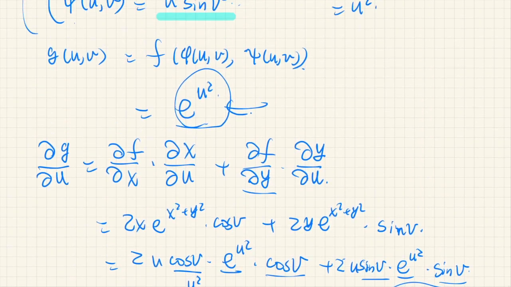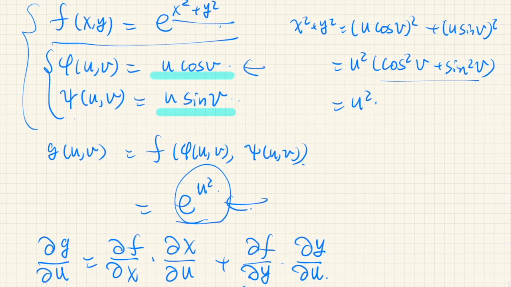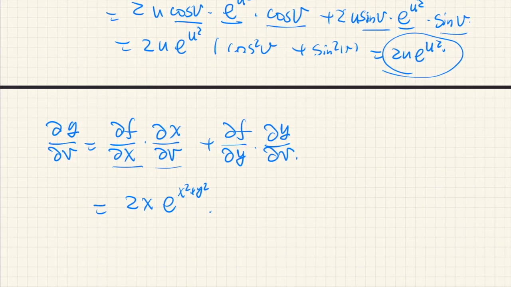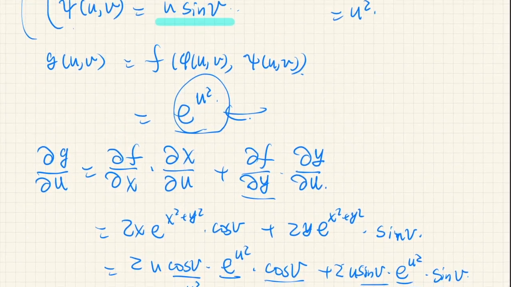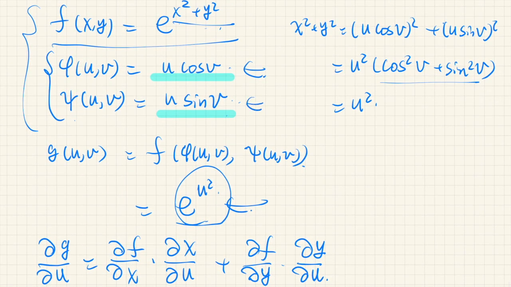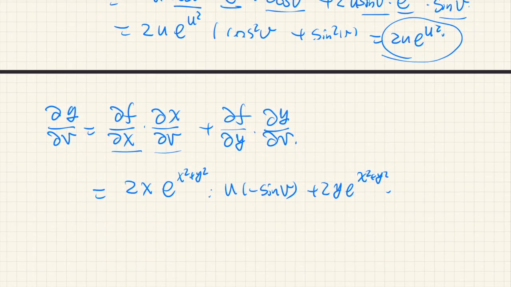And x, if you differentiate this one with respect to v, you have, let's see, u times negative sine v, plus 2y, and if you differentiate this one with respect to v, you have u cosine v.